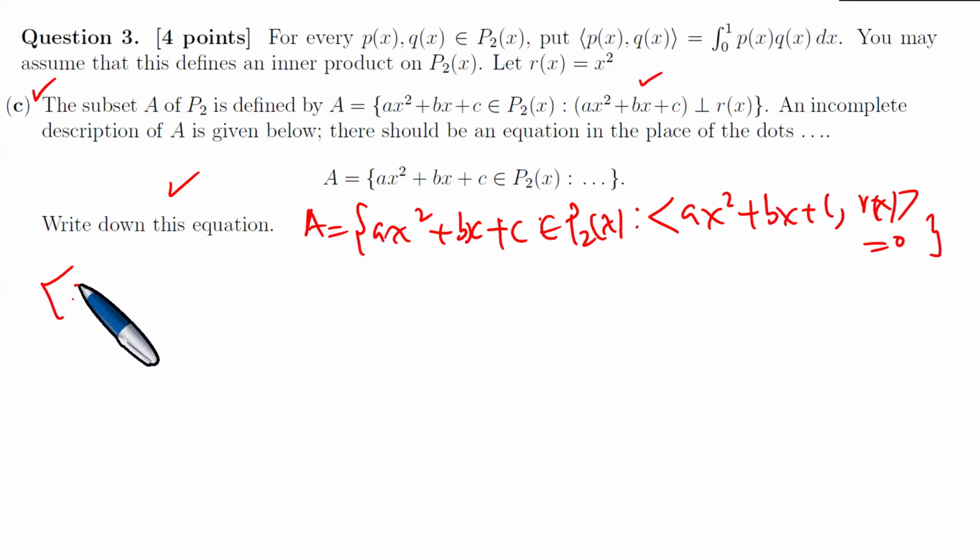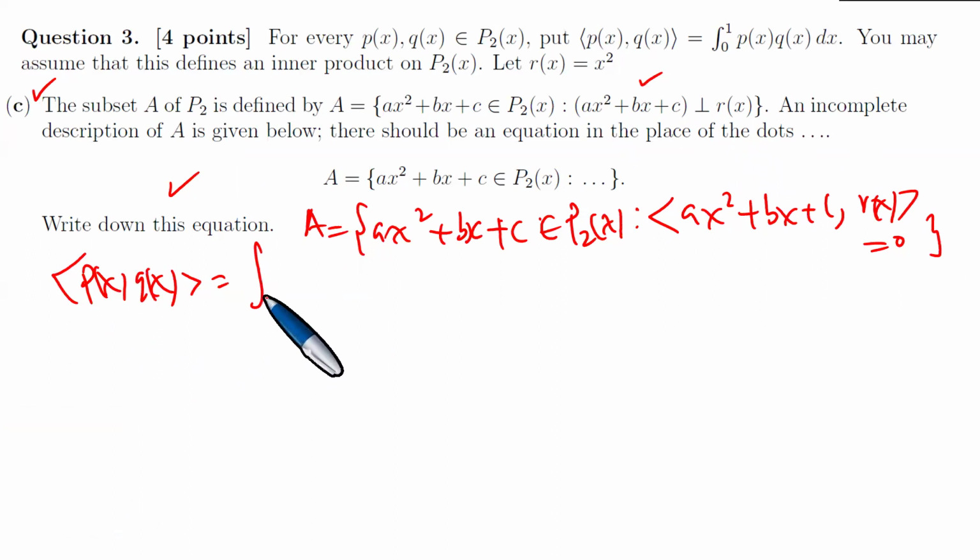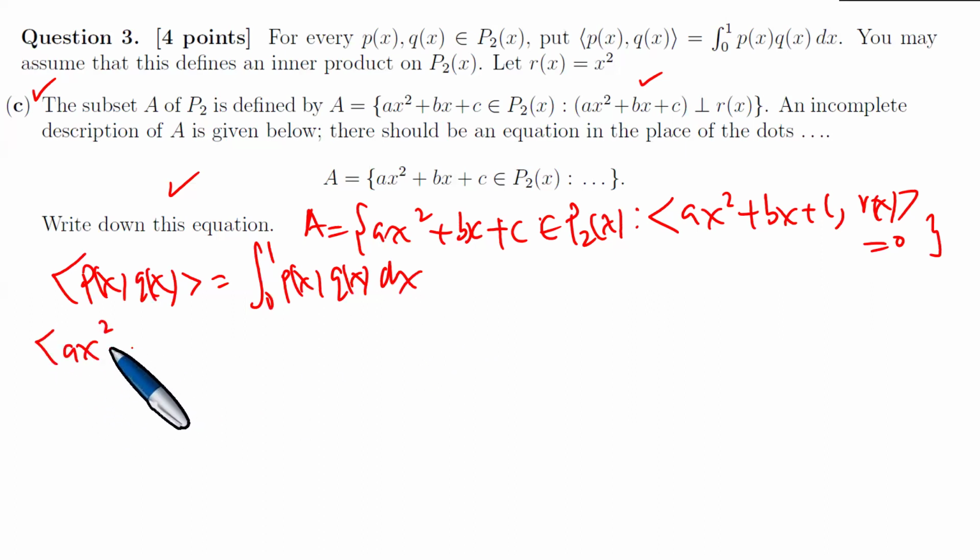So we're going to work it out. If these two vectors are perpendicular to each other, that means the inner product is 0. But we know that the inner product of px and qx is the integral from 0 to 1 of px qx dx, which means you have ax squared plus bx plus c, and then Rx.